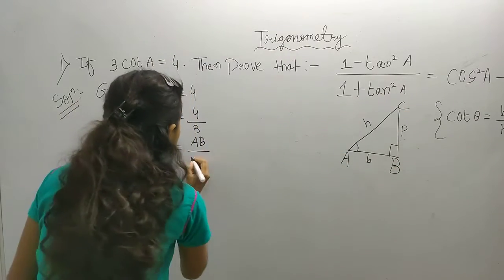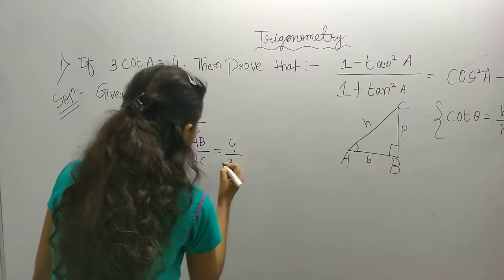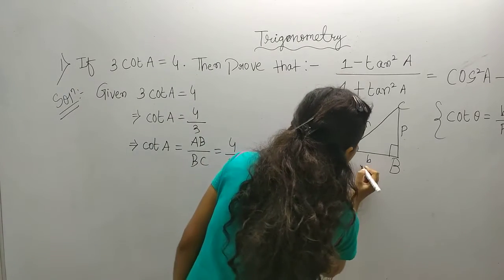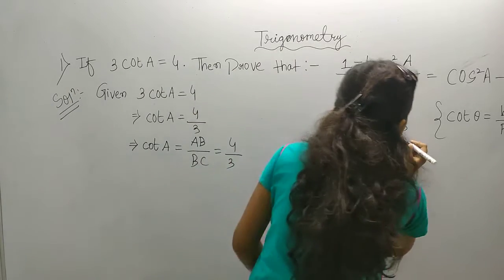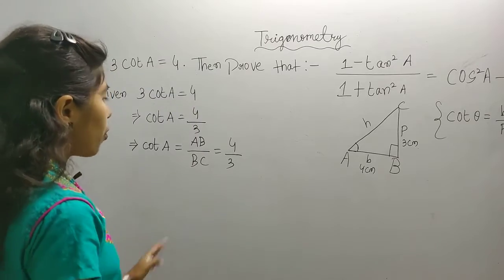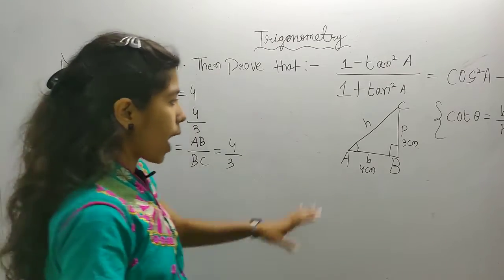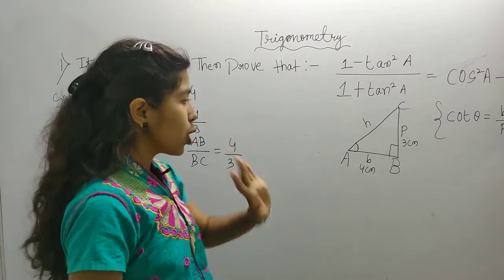Perpendicular is the BC. BC equals to 4 by 3. Let's write here, this is 4 cm and here BC is 3 cm. So first of all, I have said you we have to complete the triangle first. Then we will move to the question.